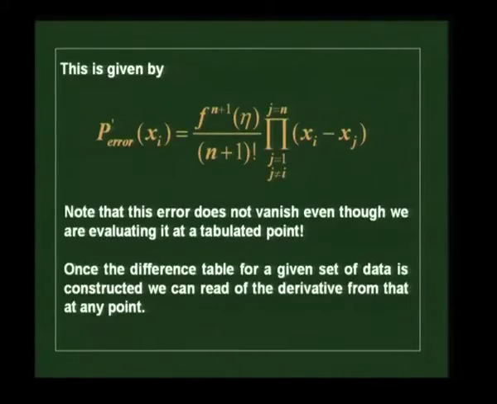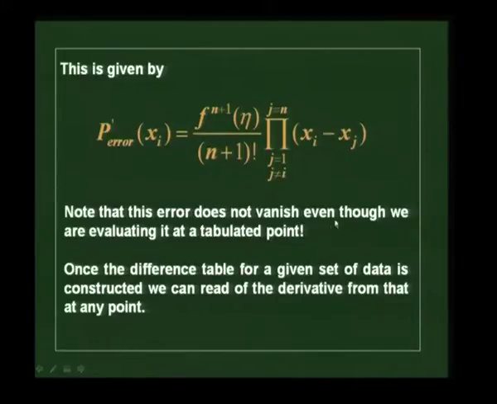We get something of the order of n plus 1, some derivative of order n plus 1 of some function, multiplied by a product of xi minus xj for all j values not equal to i.